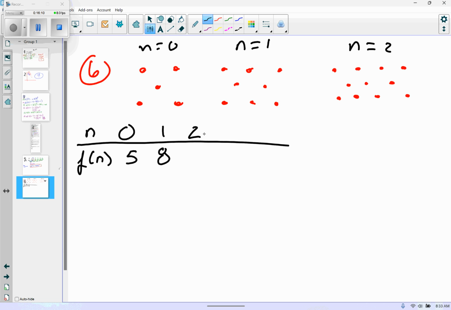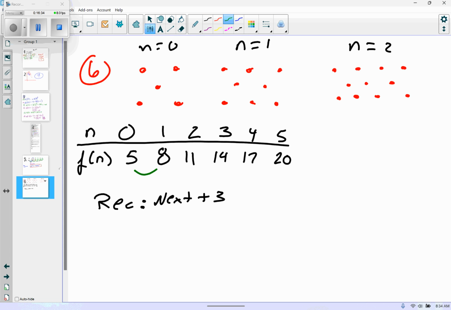At 2 hours, I have the same thing. It looks like I'm adding 3 more. So that's 11. At 3 hours, add 3 more to that. At 4 hours, add 3 more to that. At 5 hours, add 3 more to that. So we filled out our whole grid below. Our recursive is going to be next equals last plus 3, it looks like. So if I'm adding 3 each time, which is this going to be?